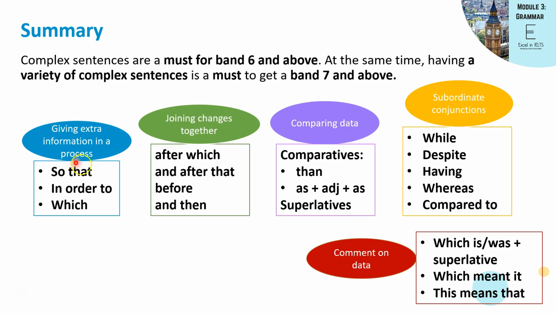If you think of it this way, you need to give extra information, or you need to join different changes together, or you need to compare data or comment on data. If you think of it in terms of purpose, that will make it easier for you to write complex sentences, rather than thinking, oh, I need to use a comparative or I have to use relative clauses. So think of it that way instead.